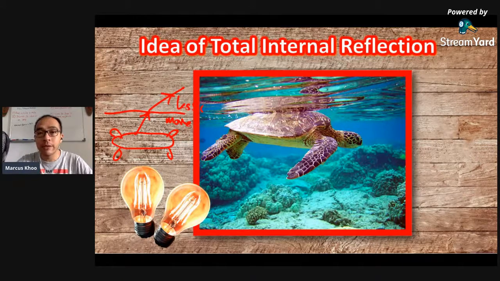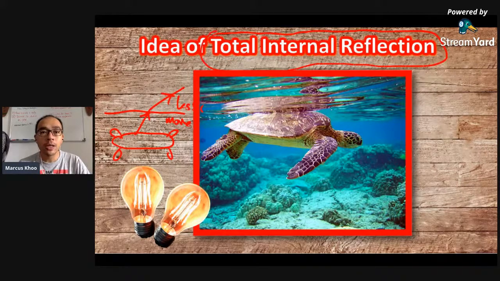There shouldn't be any reflection, it should all be refracted, whatever light comes from the turtle. So why is it that the turtle can see its own reflection on the surface of the water? It is because of this phenomenon which we call total internal reflection.